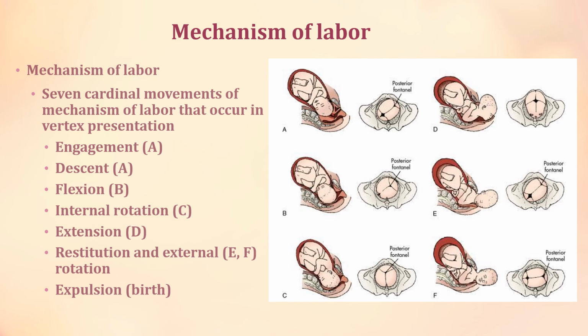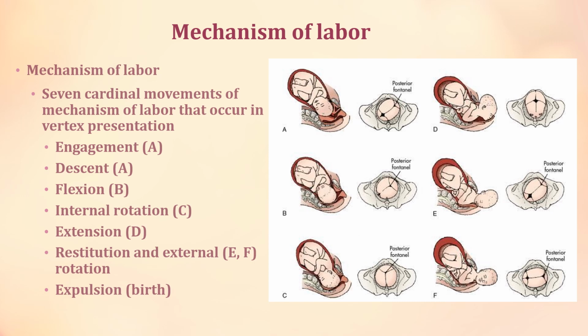You can see the flexion there as the baby is tucking its chin to go down under the pubic bone, and then the baby rotates, that internal rotation, and then as it goes underneath the pubic bone, it has that extension, where it's putting its head back and extending.